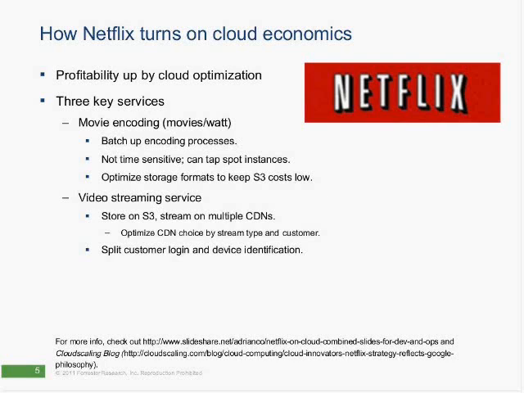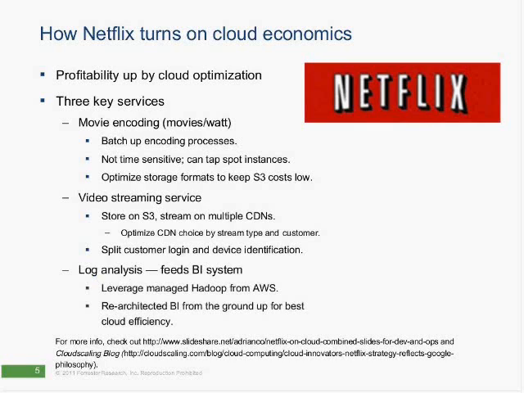When it comes to log analysis, taking a very big data warehouse and putting it in the cloud is a really bad idea. So they had to re-architect from the ground up in order to get BI into a model that will elastically scale and won't consume a significant amount of resources all the time. And so that's the big reason that they decided to do a complete rewrite of the application.